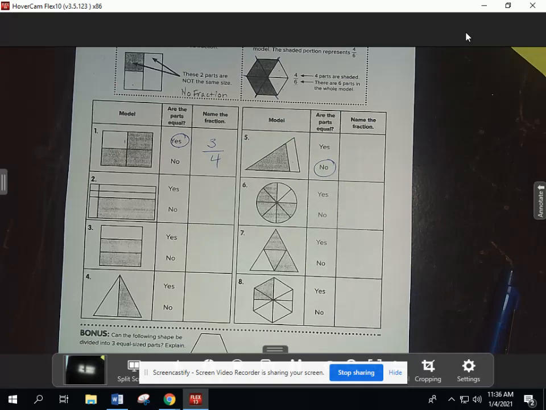Do your best guess. This helps me know what you know and what you need to practice.